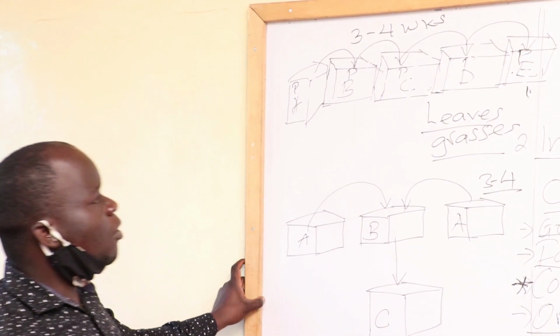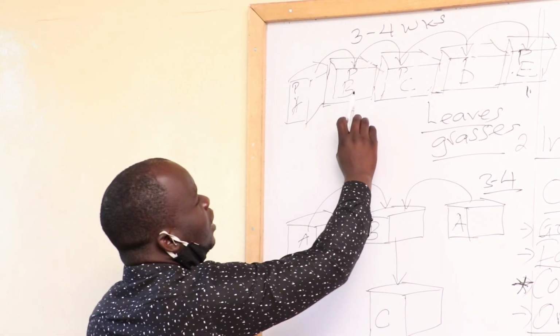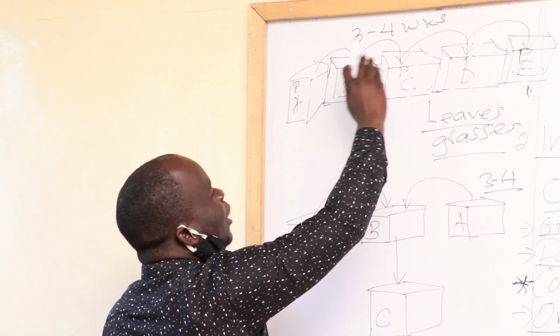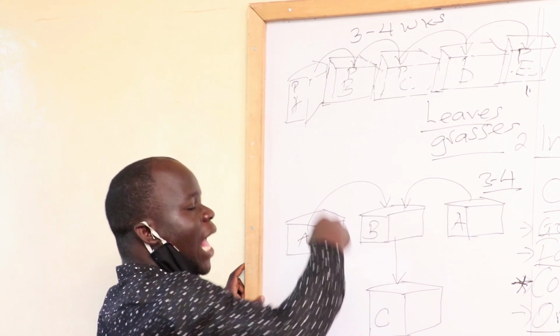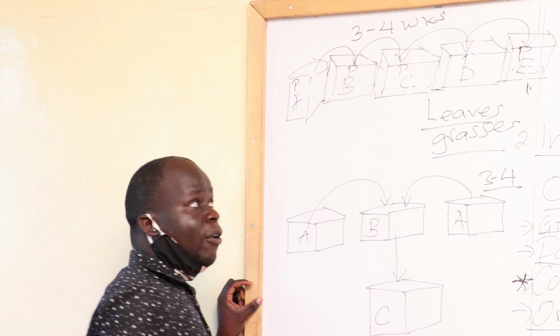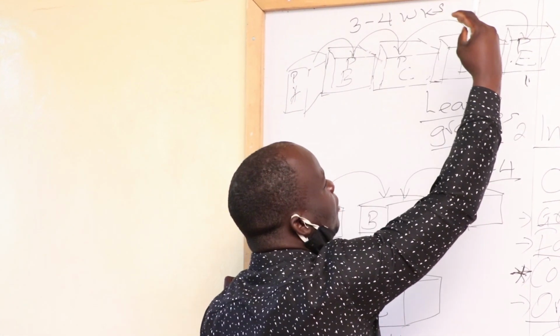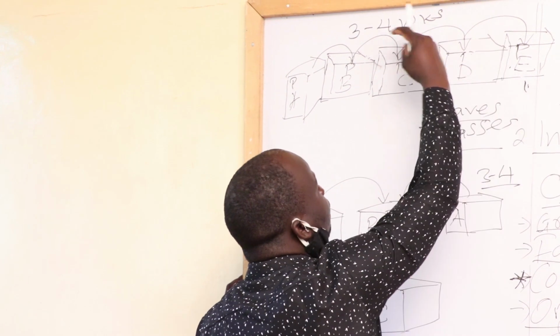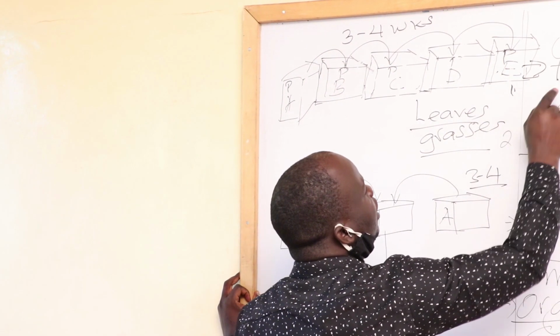The major reason why we are transferring these materials is because we are incorporating air. In the new process, we are incorporating air and hence fastening the rate of decomposition. So after 3 to 4 weeks, you have transferred them. If they are well rotted, then you can take them to the field.